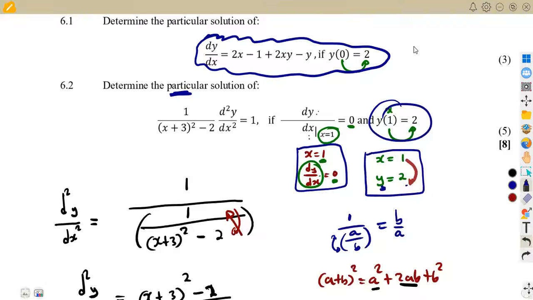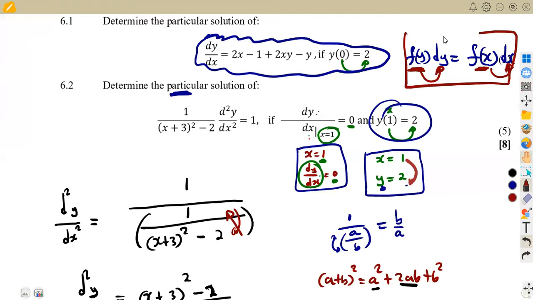All you need is to separate such that what belongs to y must have dy, and what belongs to x must correspond with x. That is the condition of the linear part, whereby this part is a function of y and this part is a function of x.